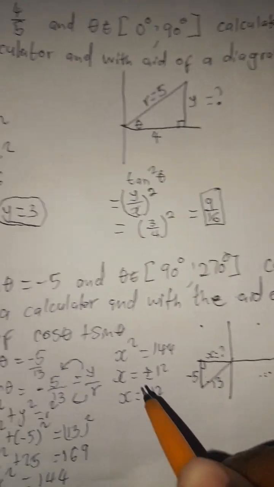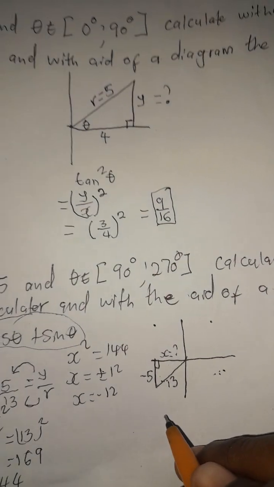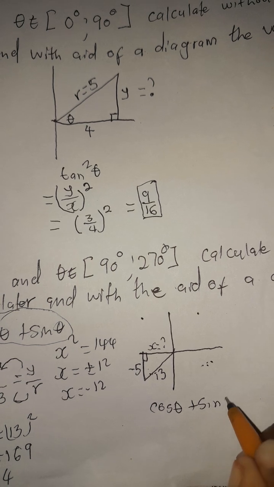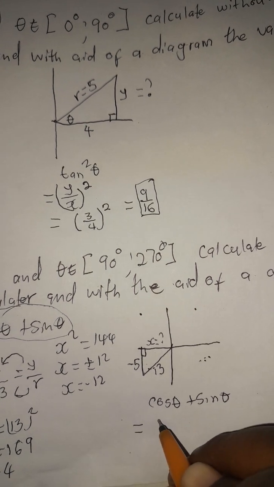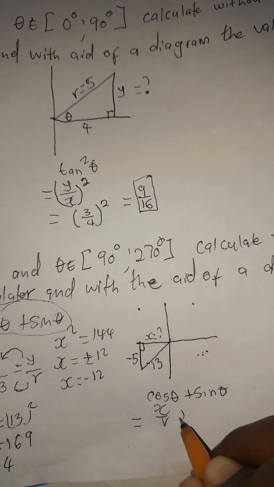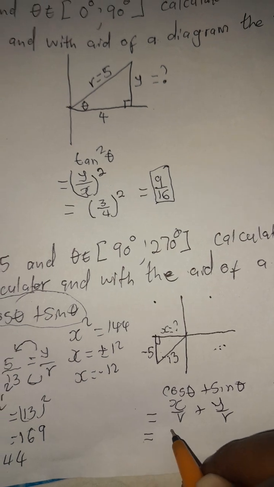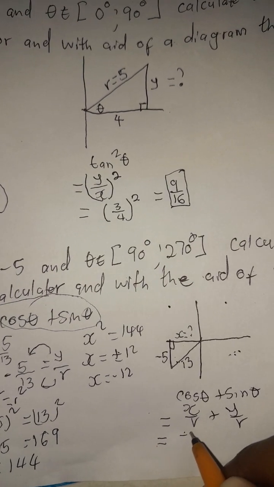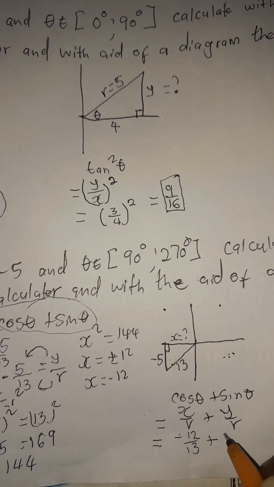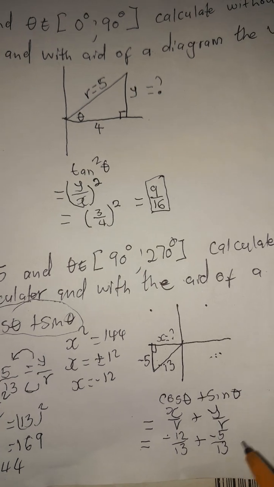We are not done. They said we need to find the value of cos theta plus sin theta. Remember, cos will be x all over r, and sin will be y all over r. So let's place our x as -12 divided by 13, and our y as -5 divided by 13.